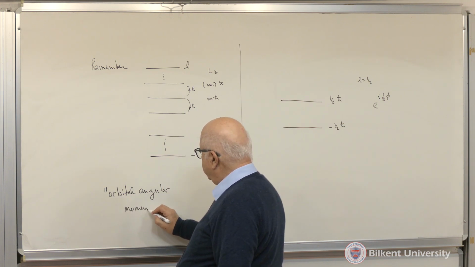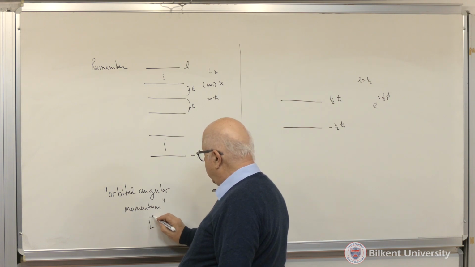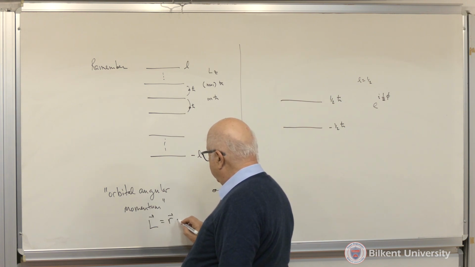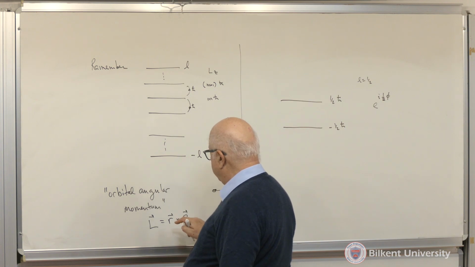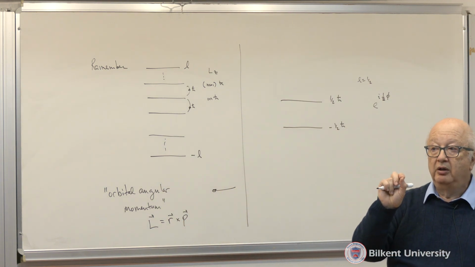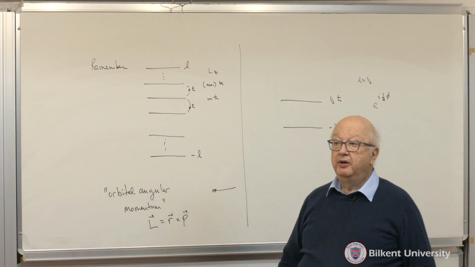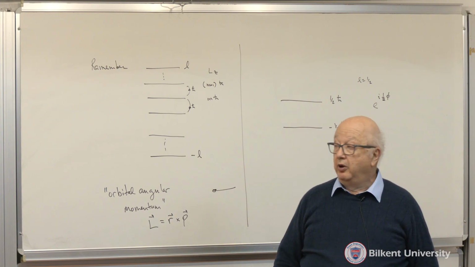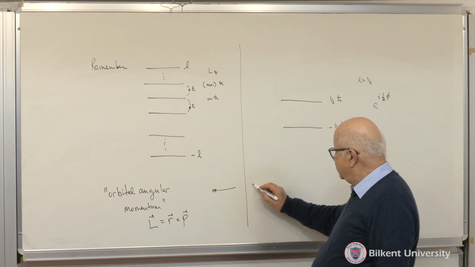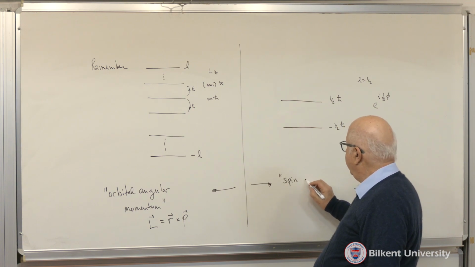So we have been studying orbital angular momentum, which is given by L equal to R cross P. I have some particle coordinate at R and some momentum variable, so R cross P is the orbital angular momentum. Now what we are going to discuss is called the spin angular momentum.